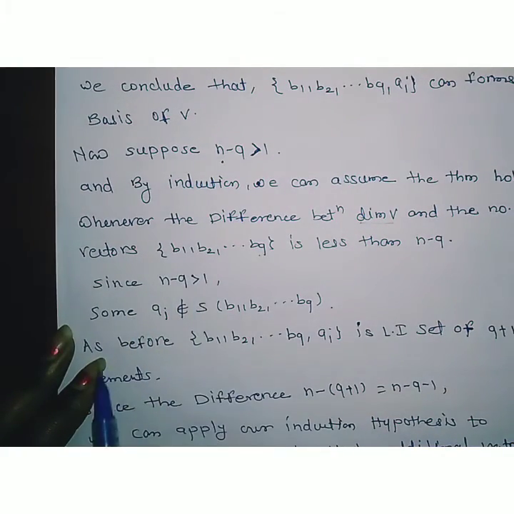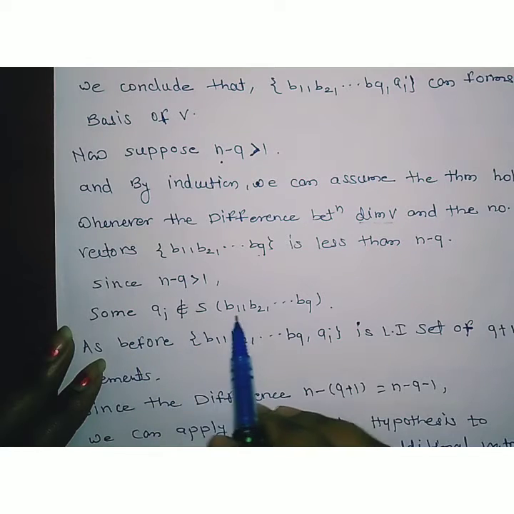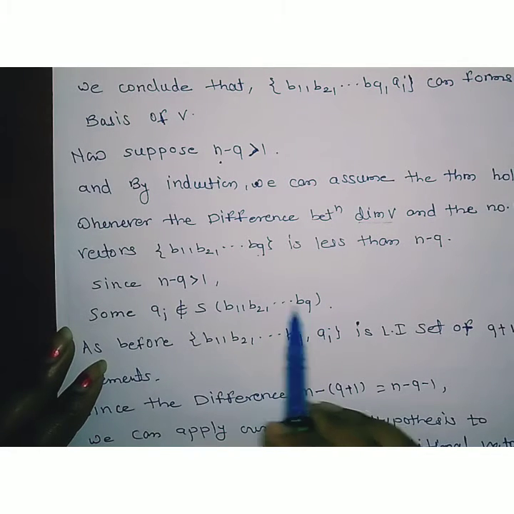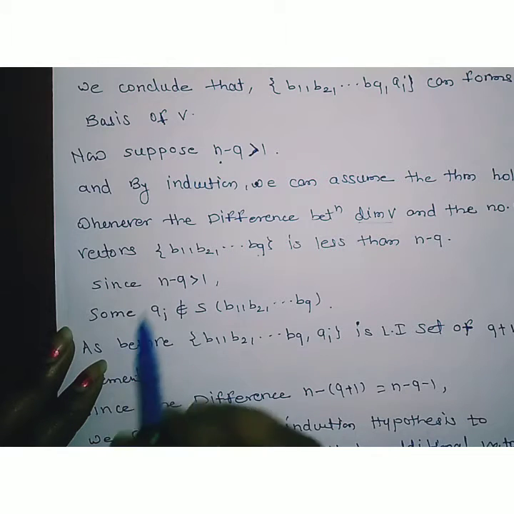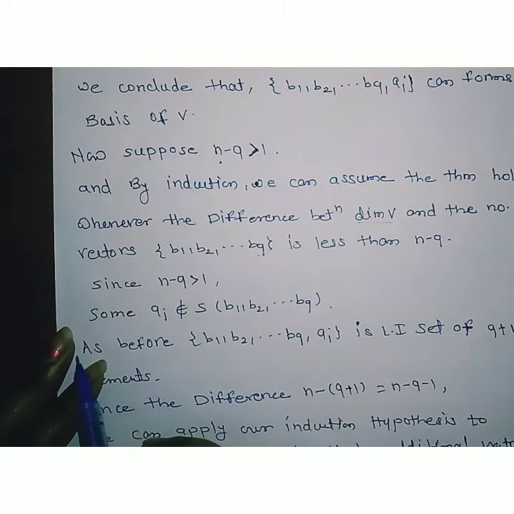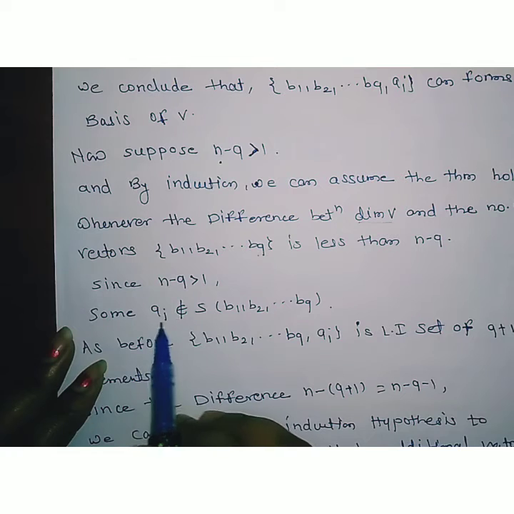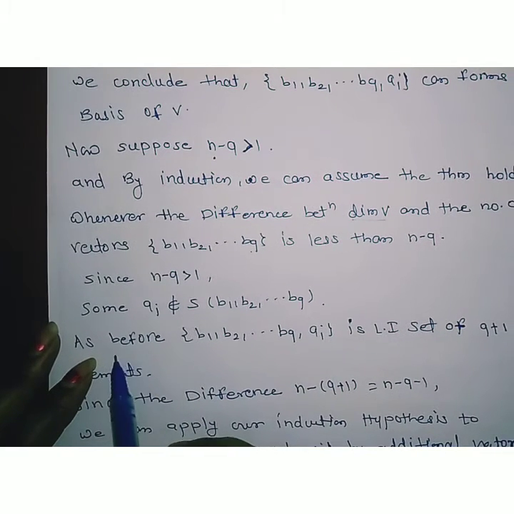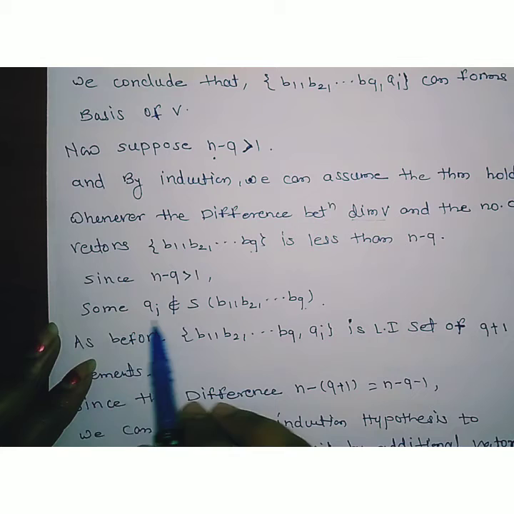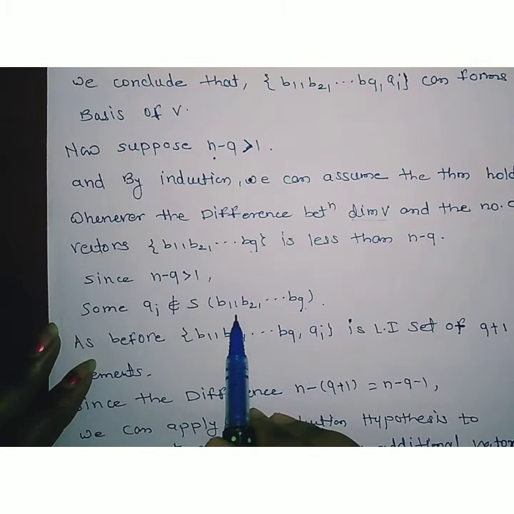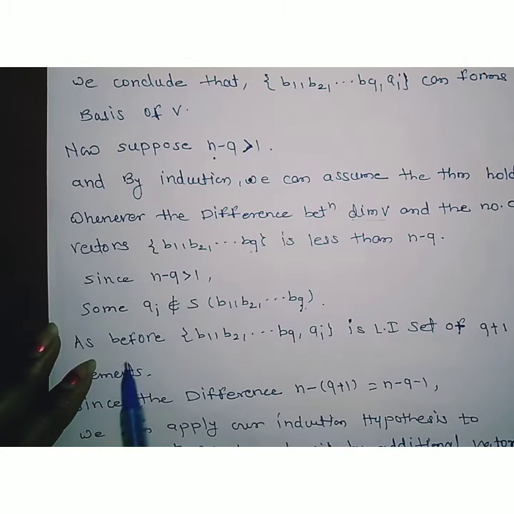Since n minus q is greater than 1, some ai does not belong to the span of b1, b2, ..., bq. As the dimension of V is greater than the number of vectors, this difference is greater than 1. Then there exists some ai which does not belong to the span of b1, b2, ..., bq. So as before, ai is linearly independent of these vectors, and these vectors are already linearly independent.